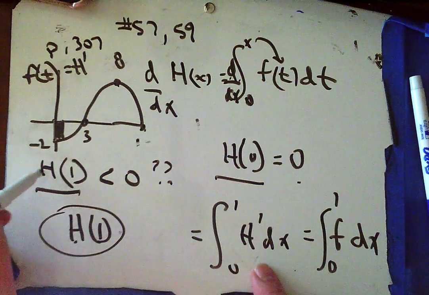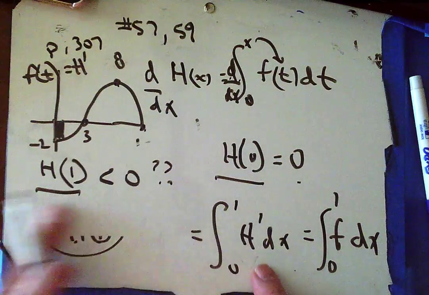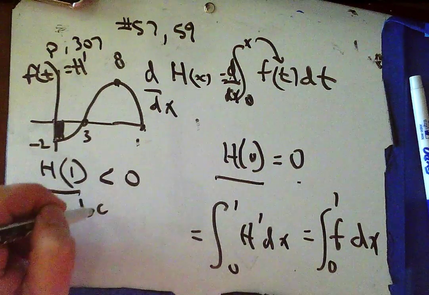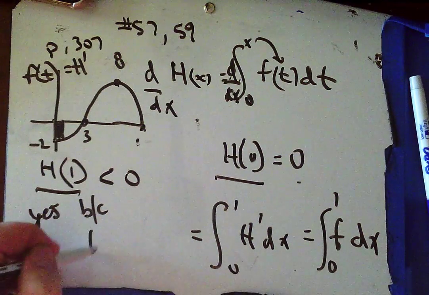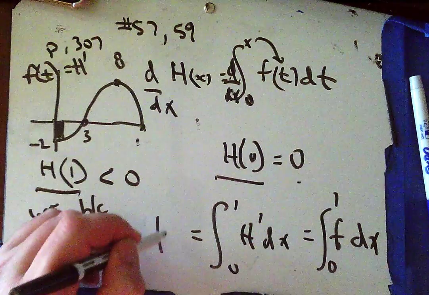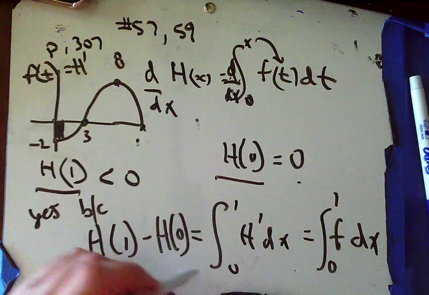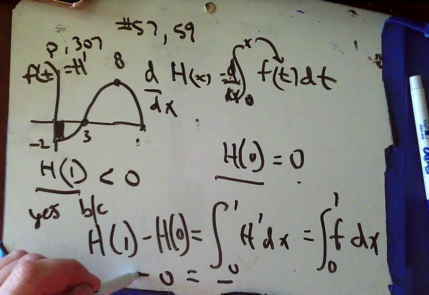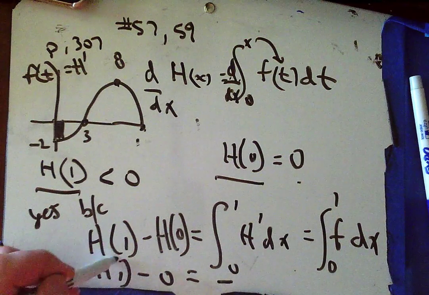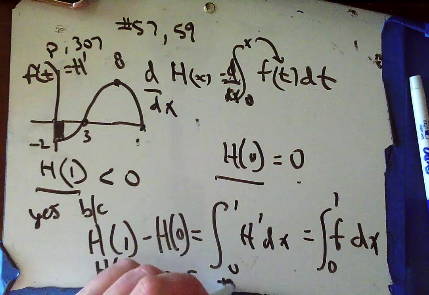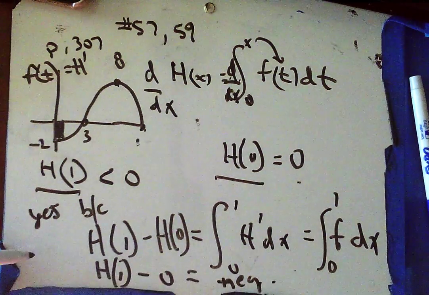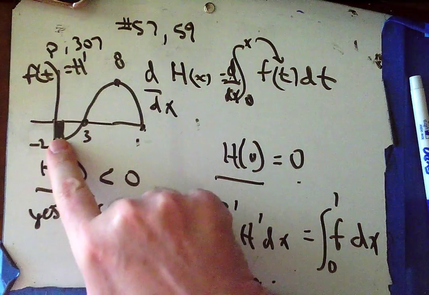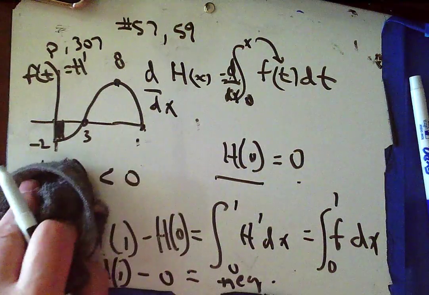So is h of 1 less than 0? Yes, because h of 1 minus h of 0 equals a negative. I don't need to know what negative number. I just need to know that that value is negative for that integral from 0 to 1. Okay.